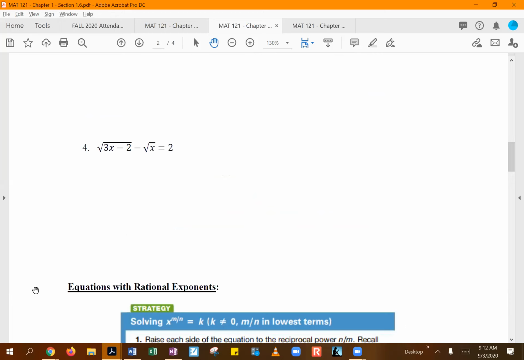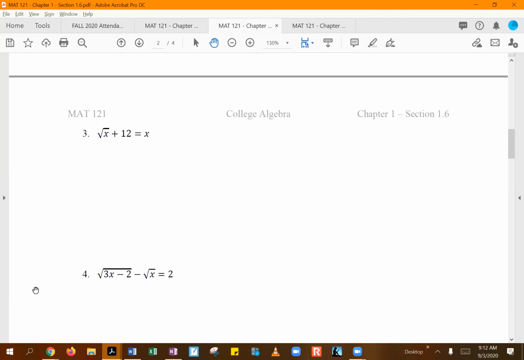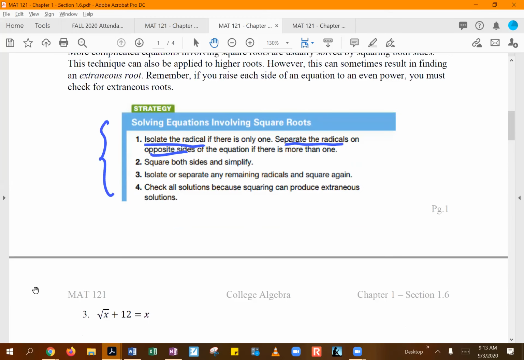You want one radical on the left-hand side and you want to move the other radical to the right-hand side. Then we go ahead and square both sides of our equation, and try and simplify what we can. And if you still have any more radicals left after step 2, then you want to repeat steps 1 and 2. So basically you start by isolating your radicals again, and you would end up squaring both sides of your equation again.